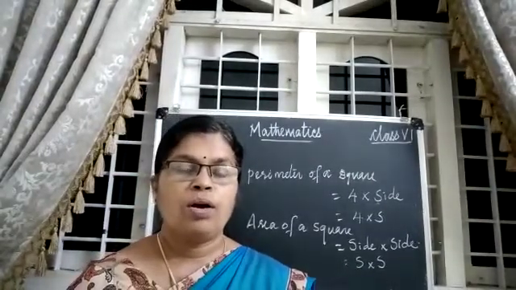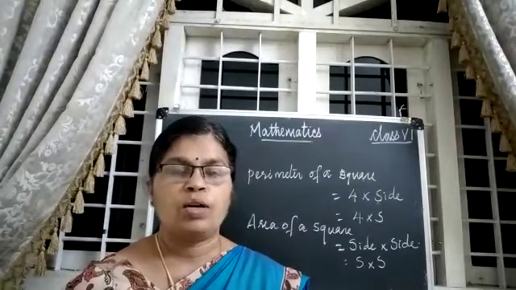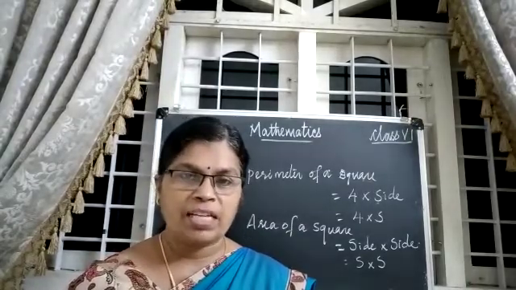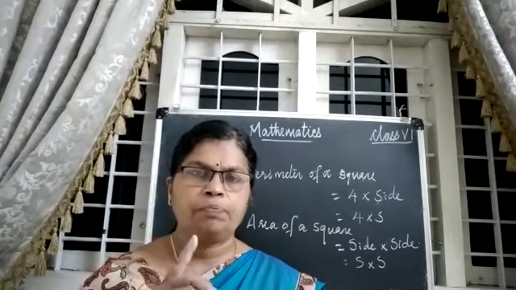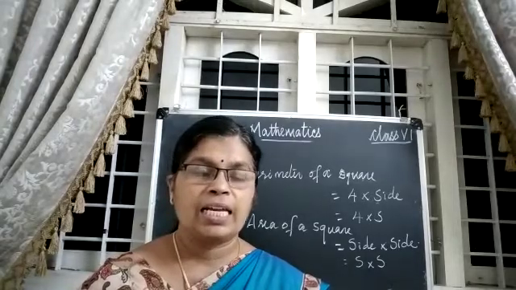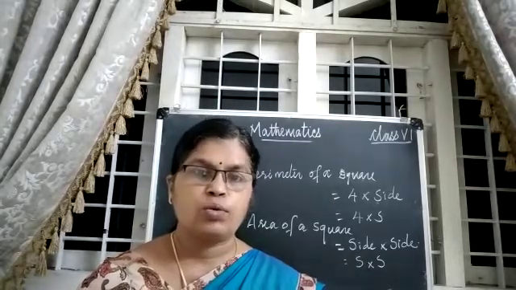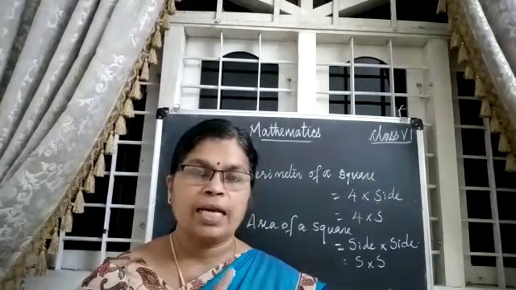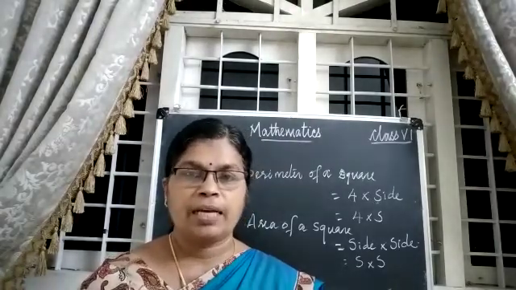Okay, so I hope you understood the meaning of an algebraic expression. In an algebraic expression, there will be variables. Variables means the English alphabets, any alphabet you can use. Okay. Then what else will be there? Addition sign can be there.